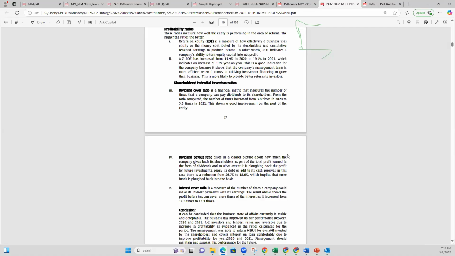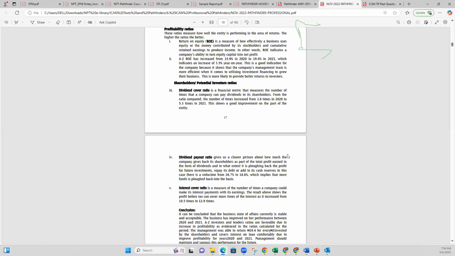This is a financial metric that measures the number of times that a company can pay dividend to its shareholders. From the ratio computed, the number of times increased from 3.8 times in 2020 to 5.3 times in 2021. This shows a good improvement on the part of the entity. Dividend payout ratio.